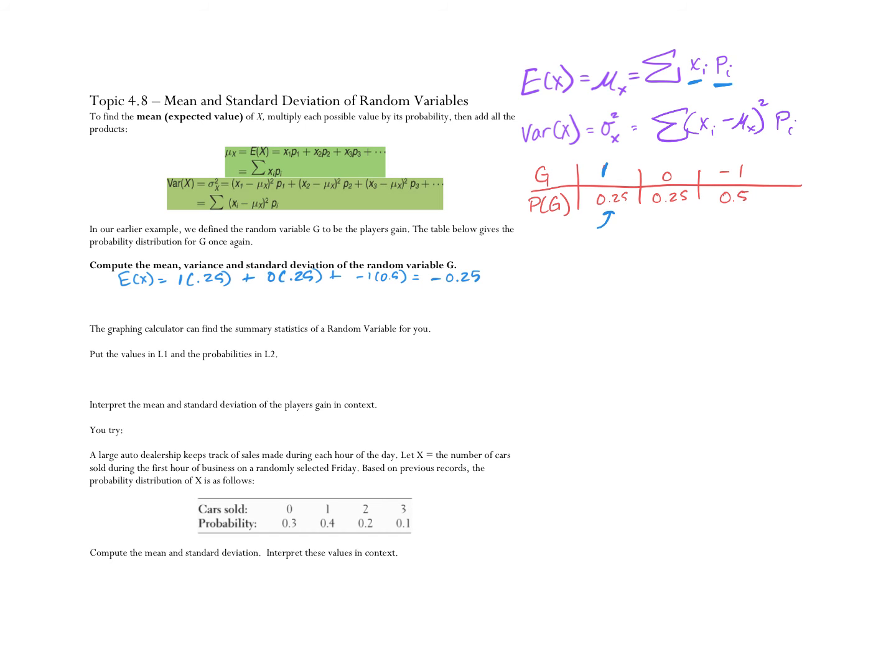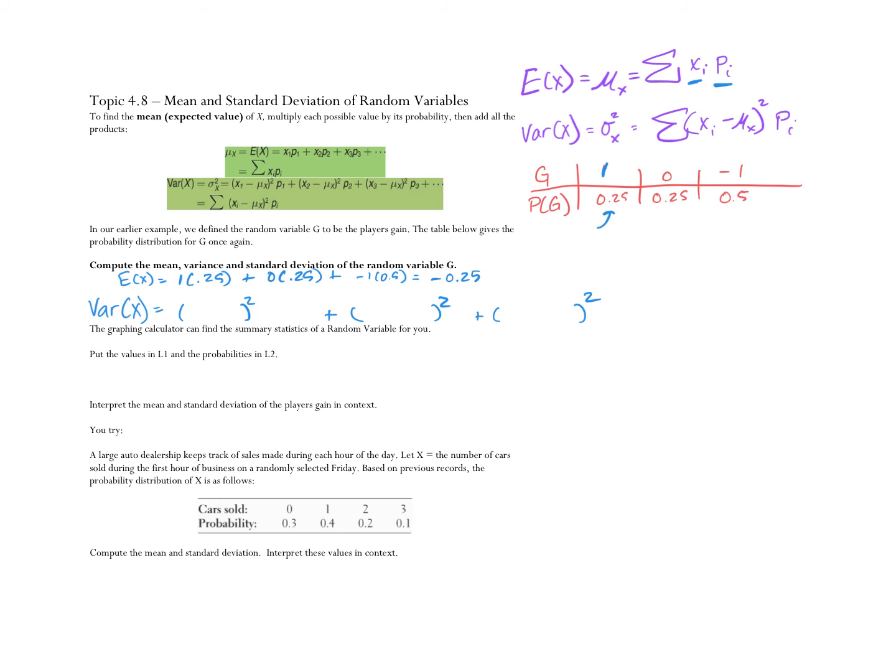All right, so to calculate the standard deviation, you're going to calculate something called the variance first. And to calculate that variance, we're essentially going to do, we're adding together, I have 3 different things I'm adding together here.